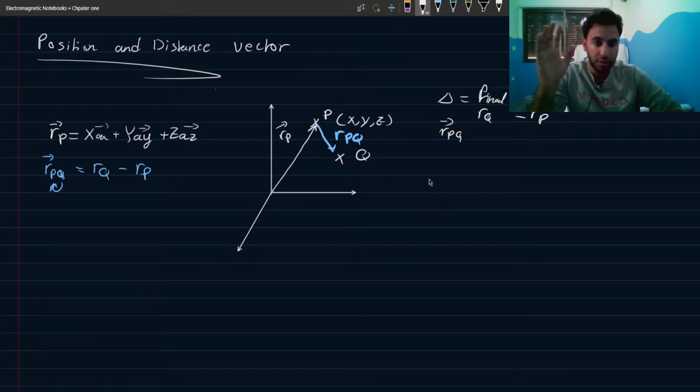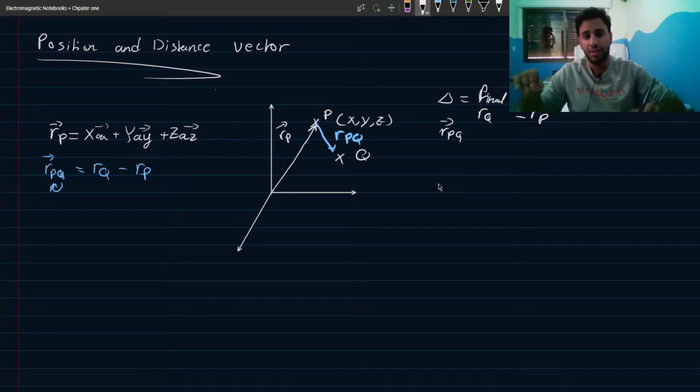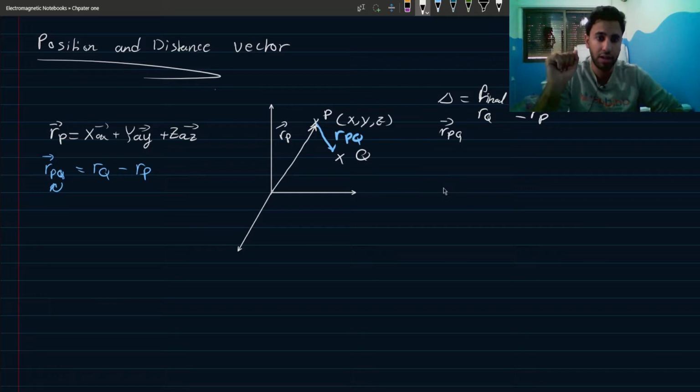A second note is that the position vector is a special case of the distance vector. If you haven't noticed, if we want to find the distance vector of point P with the origin, R_OP is equal to R_P minus R_O.